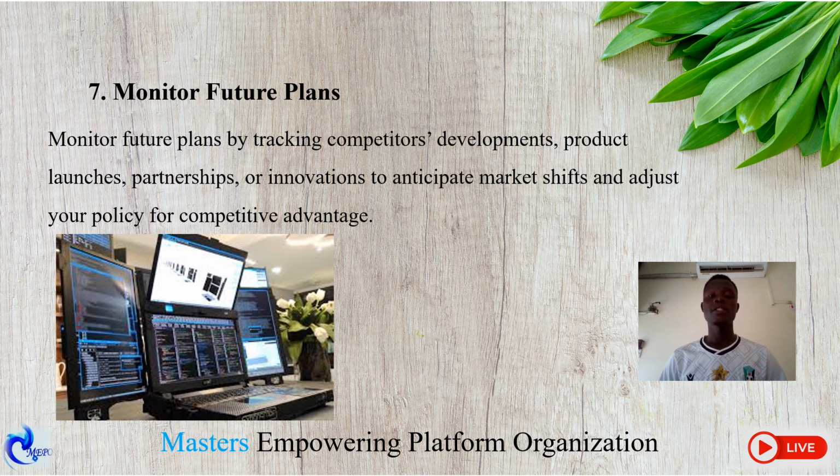Monitoring future plans: we need to track competitive development, such as product launches, partnerships, and innovations to enter market shifts, as part of the policy for competitive analysis.